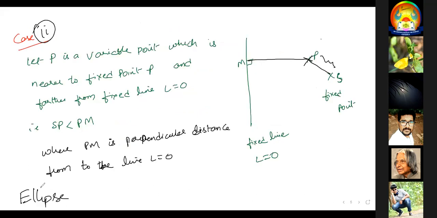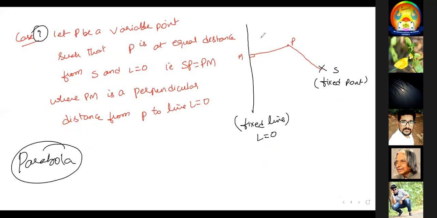The magic is that if you collect all the points which satisfy this condition, it forms this structure itself, like a parabola shape.